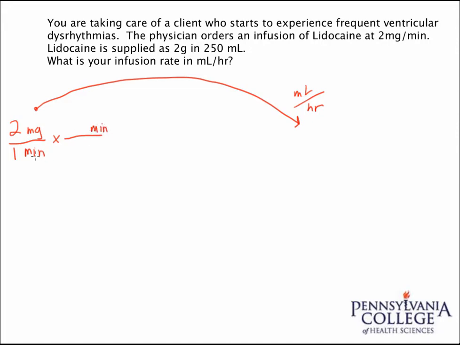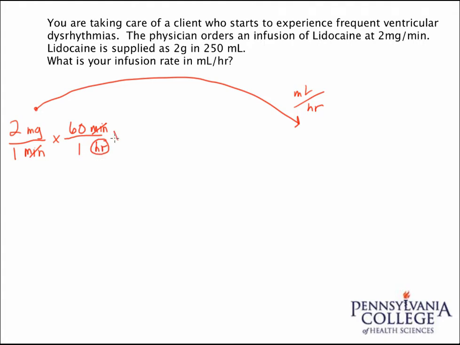So minutes will be in the numerator, and in the denominator we're going from minutes to hours. We know there are 60 minutes in 1 hour. If I were to stop right now, minutes would cancel, and I would have hours in the denominator. I'm going to circle hours because that's the unit we want at the end. I'm just circling it to remind myself that I don't need to change that now. That is exactly what we want.